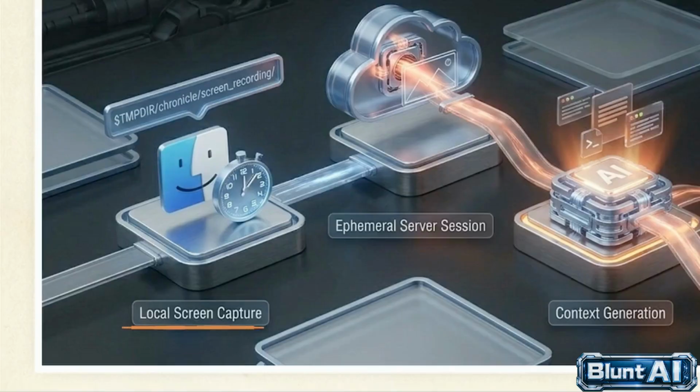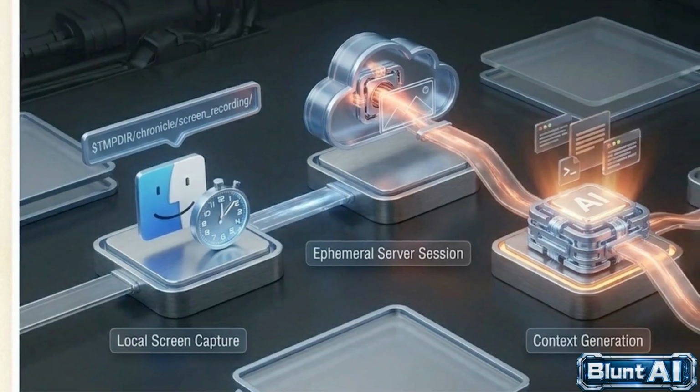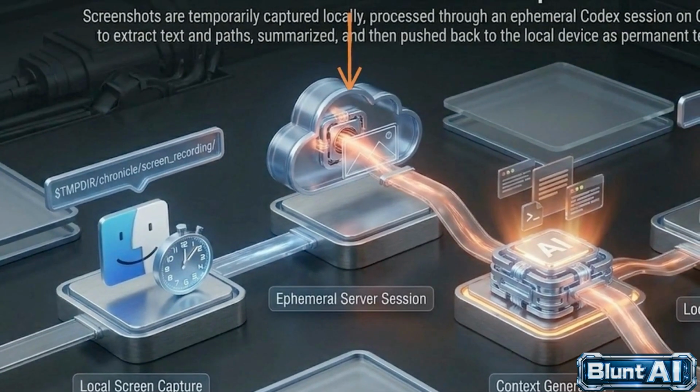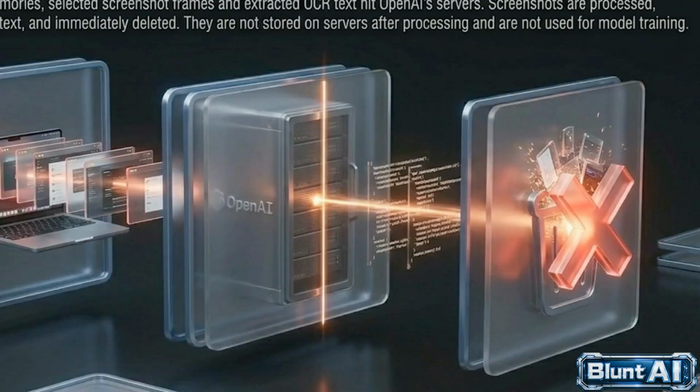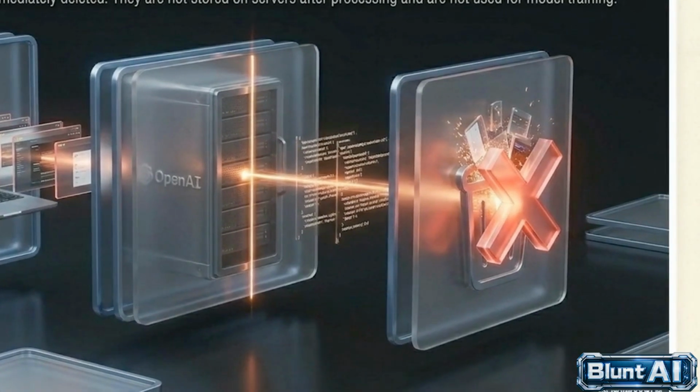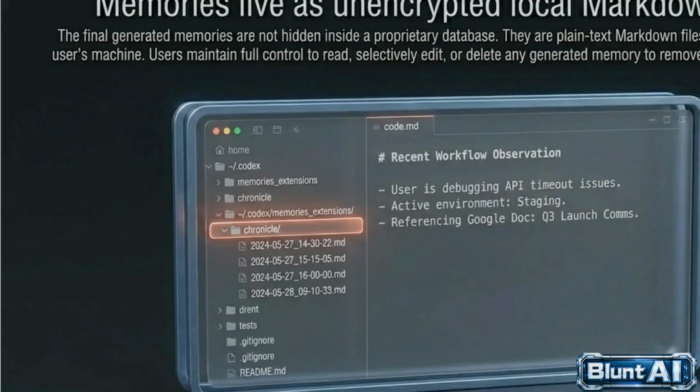To do this, the pipeline starts by gathering temporary screen captures locally on your device. Those captures are then pushed to an ephemeral server session in the cloud for processing. Once on OpenAI servers, the system uses optical character recognition to extract text from those frames. It summarizes the workflow activity and then immediately deletes the original screenshots without retaining them for model training.